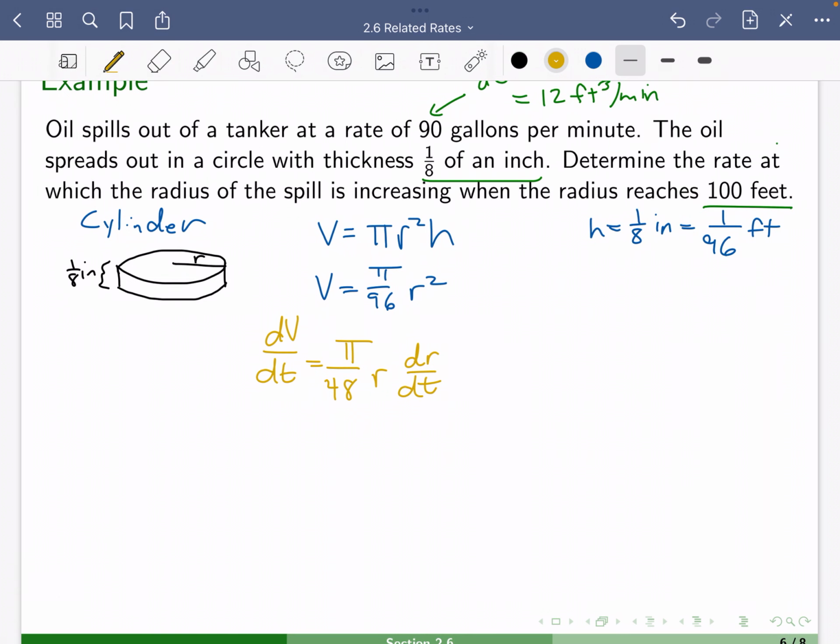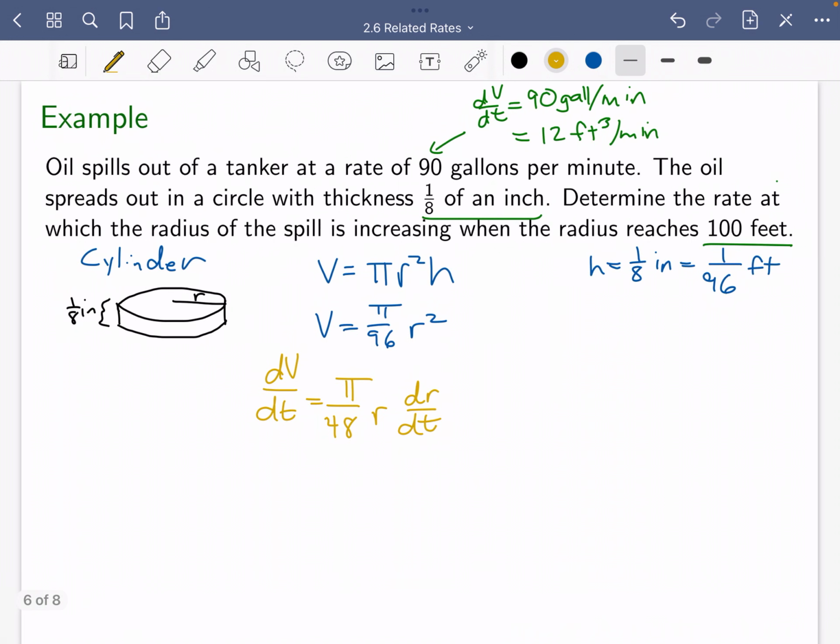Now we're going to plug in the known values. So what is dV/dt? Well, dV/dt we identified up above was 12 cubic feet per minute. So we'll replace dV/dt with 12. I should have noted, is that value of 12 going to be a positive 12 or a negative?